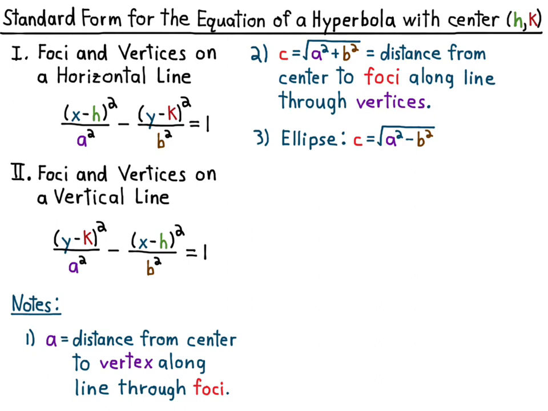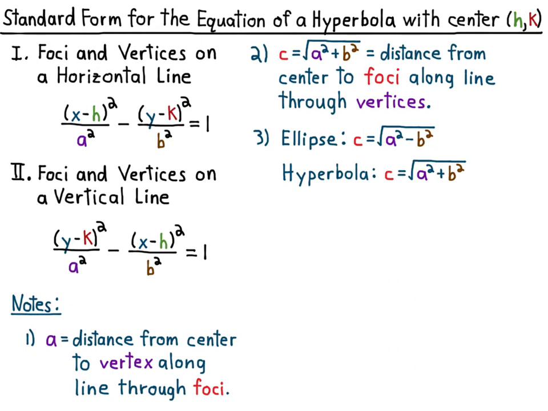So this is just to compare. For the ellipse, you subtract those two, and that makes C smaller than A. The distance from the center to the foci is, for the ellipse, smaller than the distance from the center to the vertex.